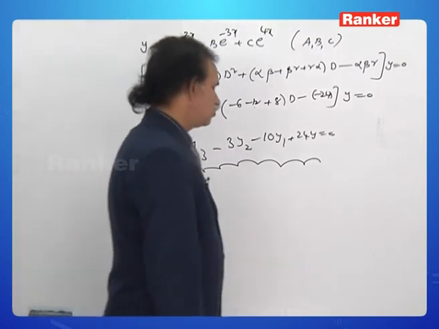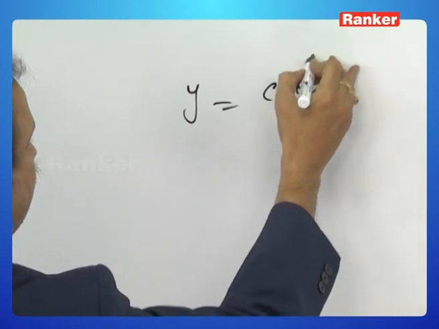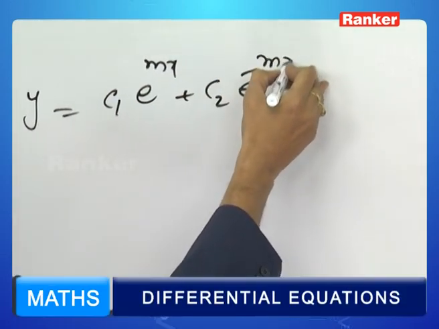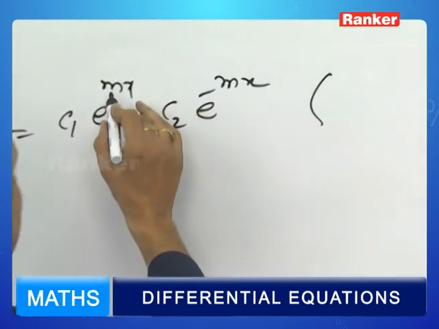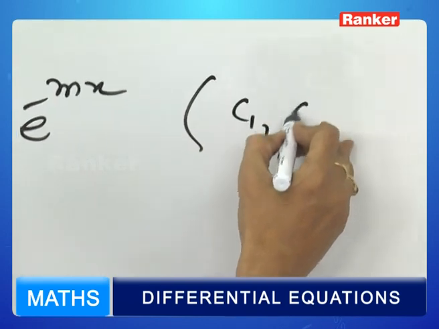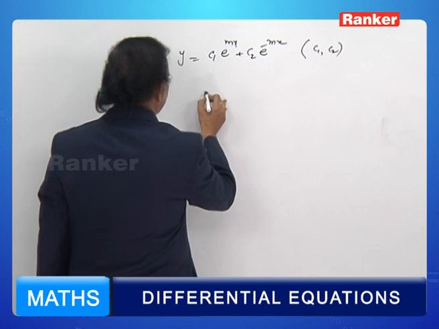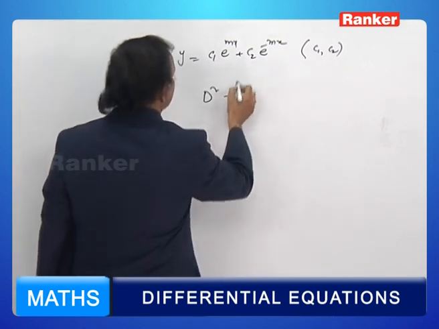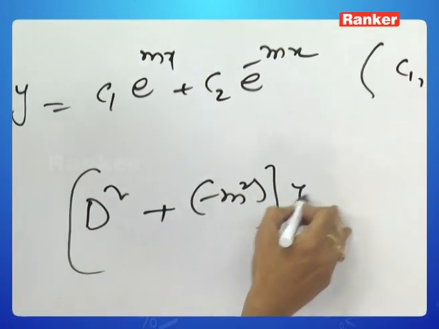Okay then, next one. Suppose y is equal to c1 e^(mx) plus c2 e^(minus mx). We are supposed to use the previous hint, of course. Here alpha plus beta is 0. I think you could have observed it. So the direct answer is D square, no question of getting any D, plus alpha beta, that is minus m square, of y is equal to 0.